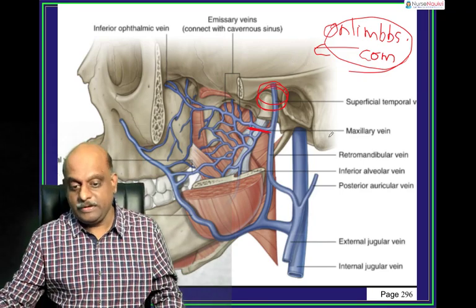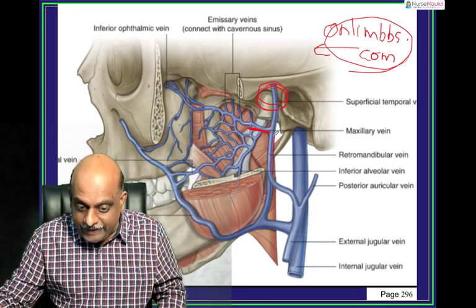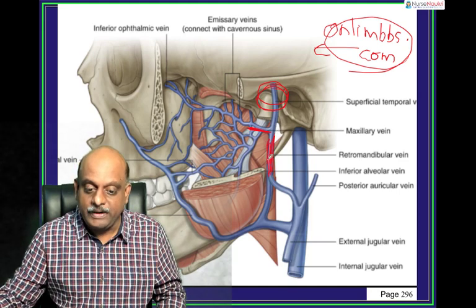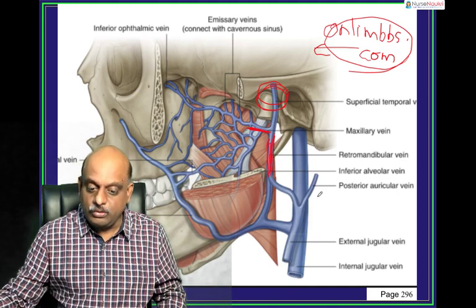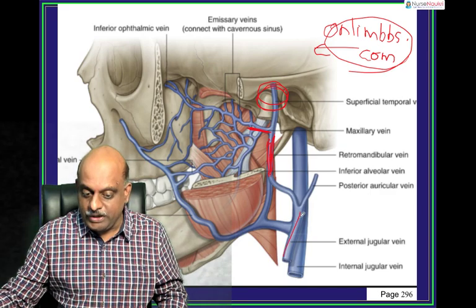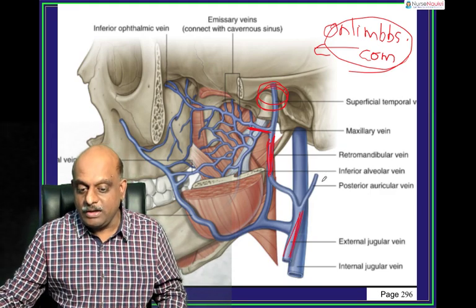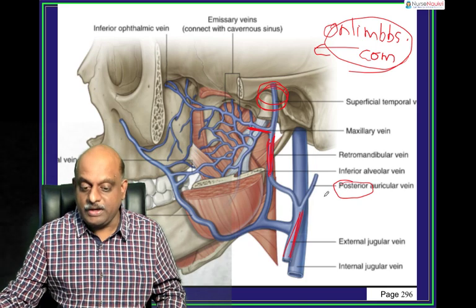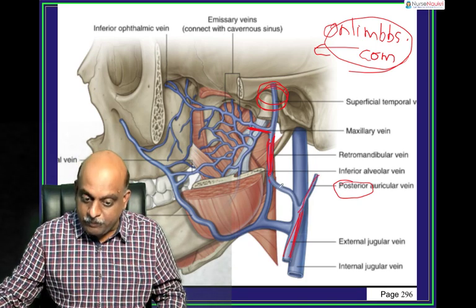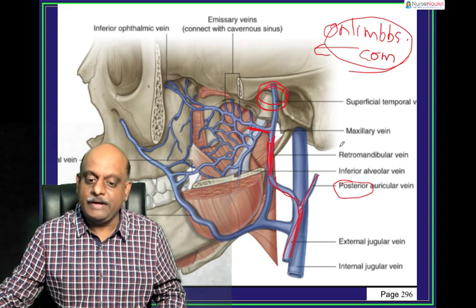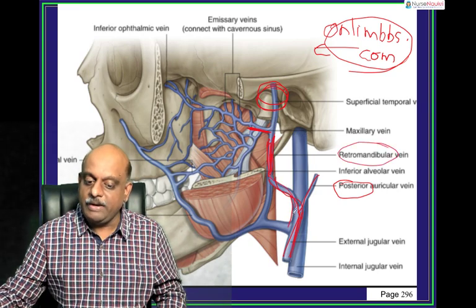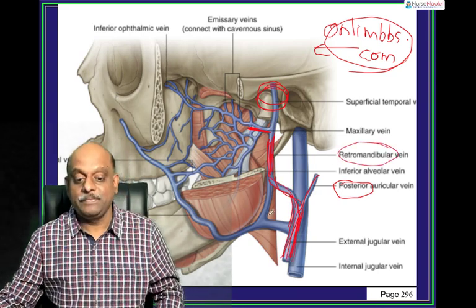That's very important. So this is the retromandibular vein, doctor. So if you look at the external jugular is giving rise to postauricular vein that is coming, and the posterior division of the retromandibular vein is also coming and forming the external jugular.